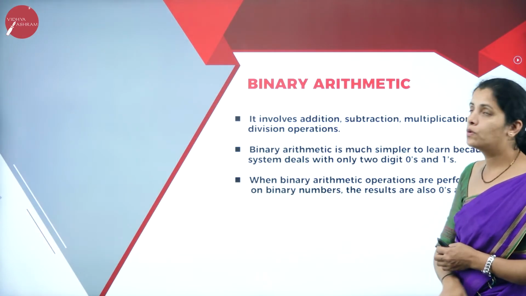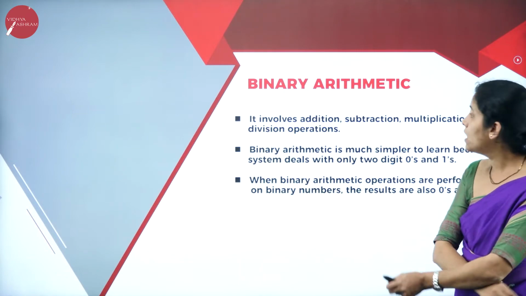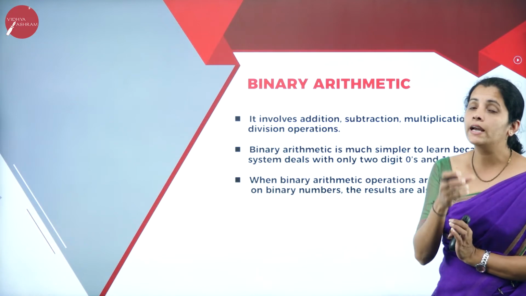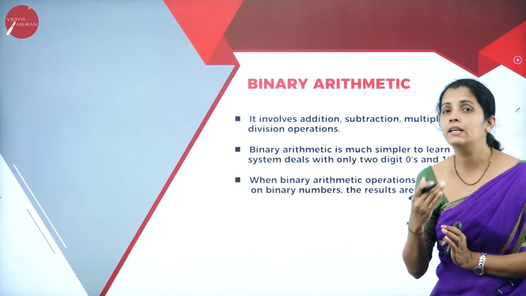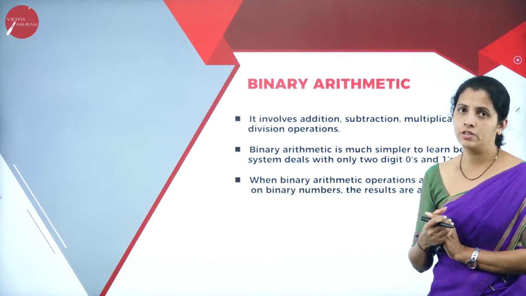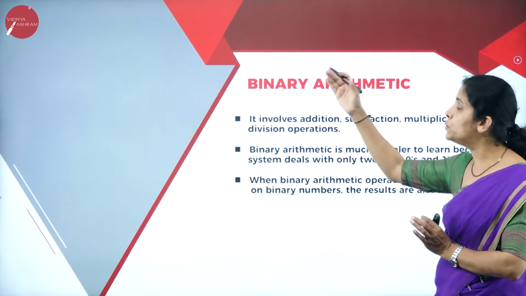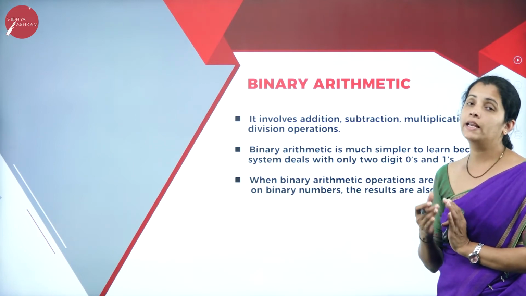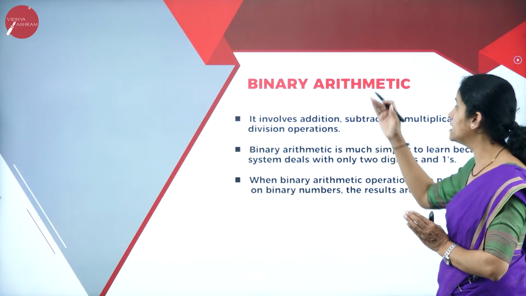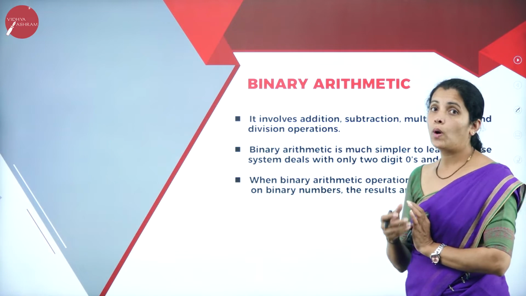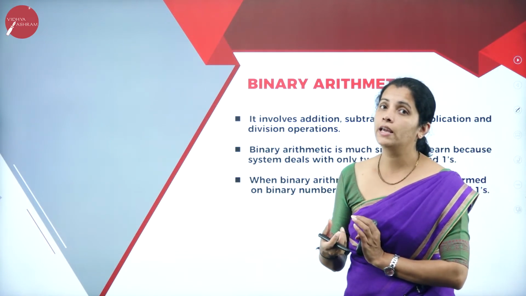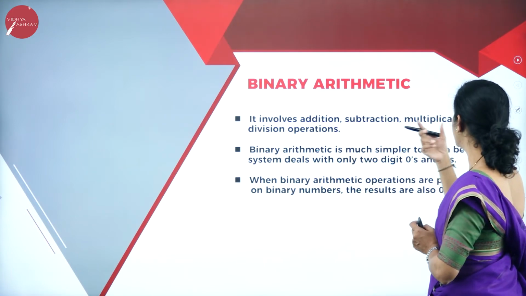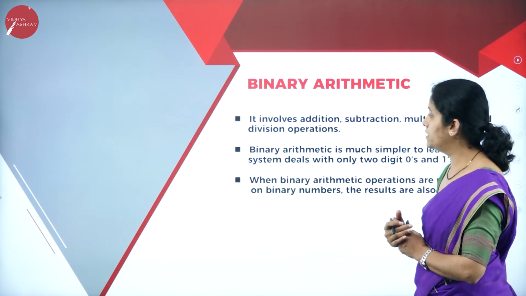Moving further, I'm going to cover binary arithmetic. If I consider decimal digits, I can perform different kinds of arithmetic operations. Similarly, by using binary numbers, I can perform certain arithmetic operations. What are the arithmetic operations I can perform here? That is nothing but addition, subtraction, multiplication and division.